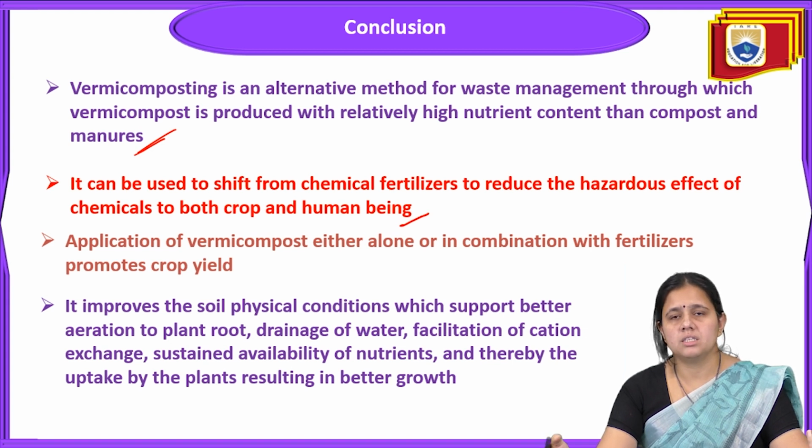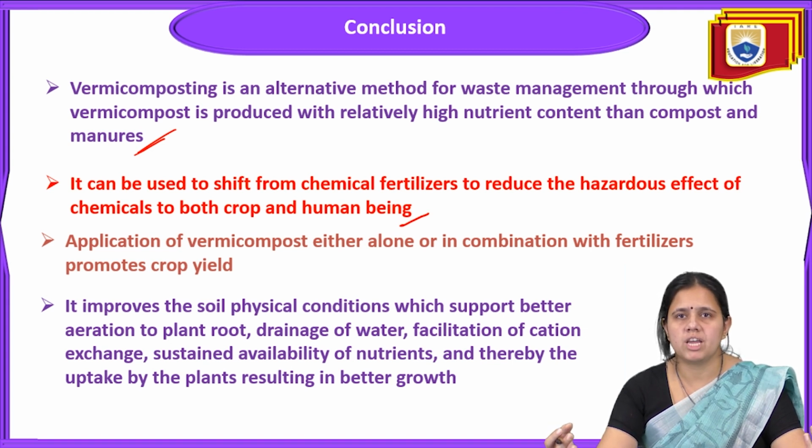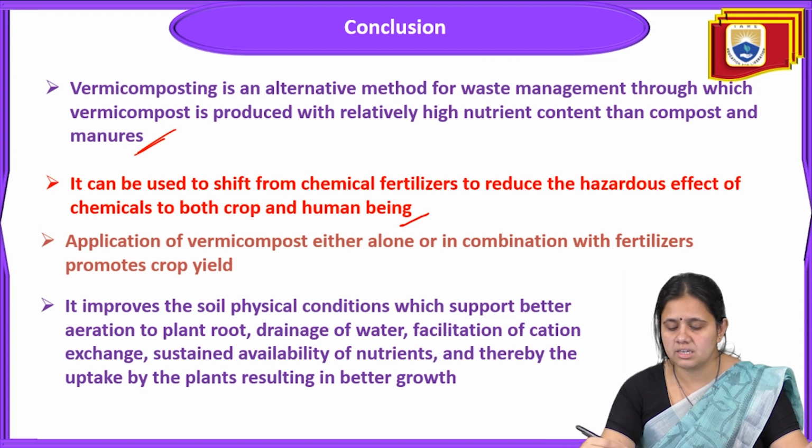In this way we can say that vermicomposting is a very good method for waste management through which vermicompost is produced with relatively high nutrient content than compost and other material, and it can be used to shift from chemical fertilizers to reduce the hazardous effects.